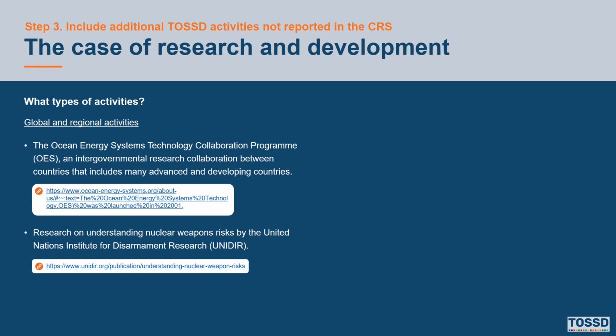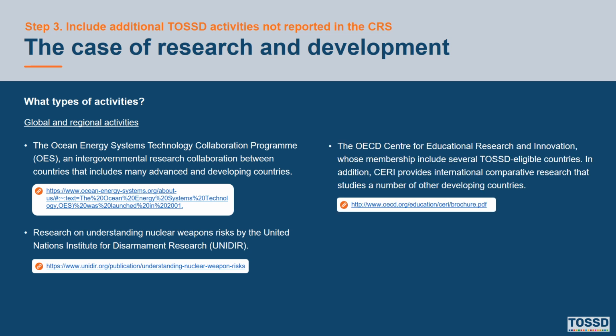The second example is research on understanding nuclear weapons risks by the UN Institute for Disarmament Research. The third example is the OECD Centre for Educational Research and Innovation, whose membership includes several TOSSD eligible countries. In addition, this centre provides international comparative research that studies a number of other developing countries.